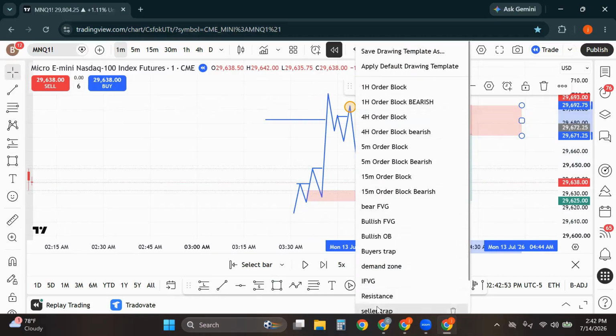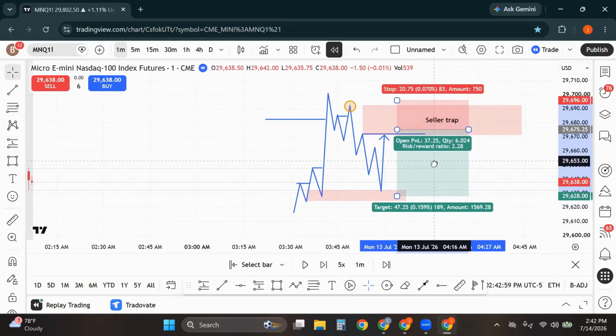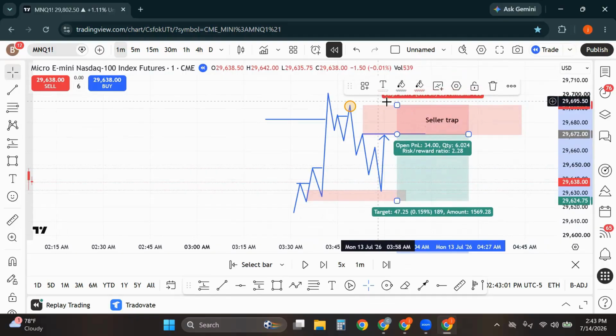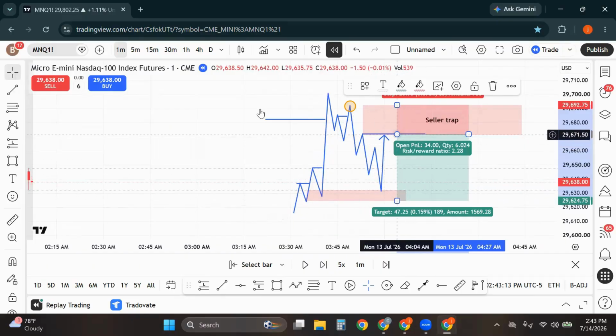That's the seller's trap. So as soon as we get this false move tap, we're looking to, as you see right here, take the trade, stop loss above the liquidity block, down to these lows here that were engineered, where this low respected this low, leaving orders resting here in the market. So that's what we're looking to do.